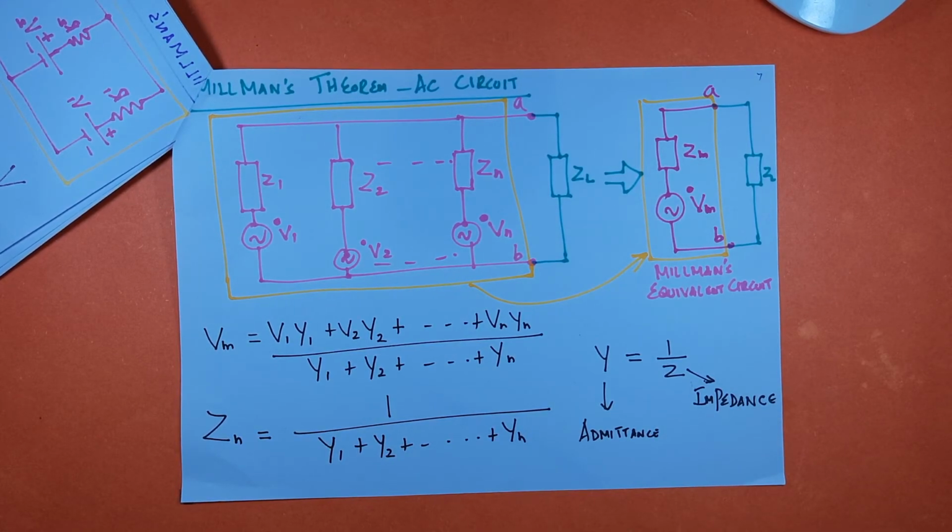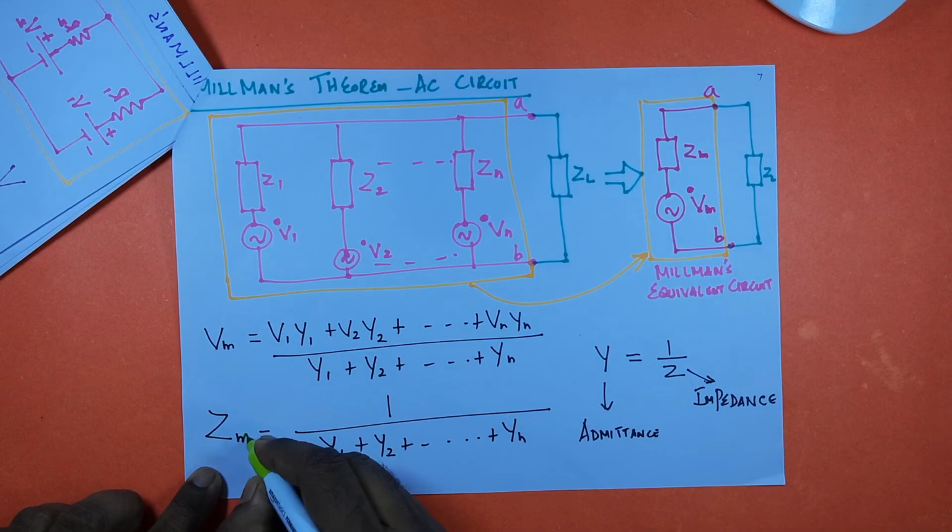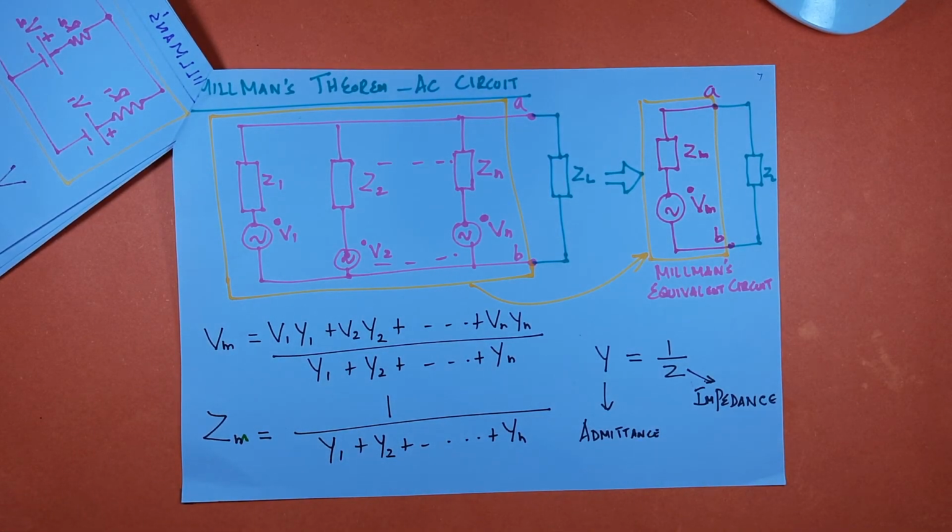Zm, so this is not n, this is m, Zm equals 1 divided by Y1 plus Y2 plus etc. plus Yn.